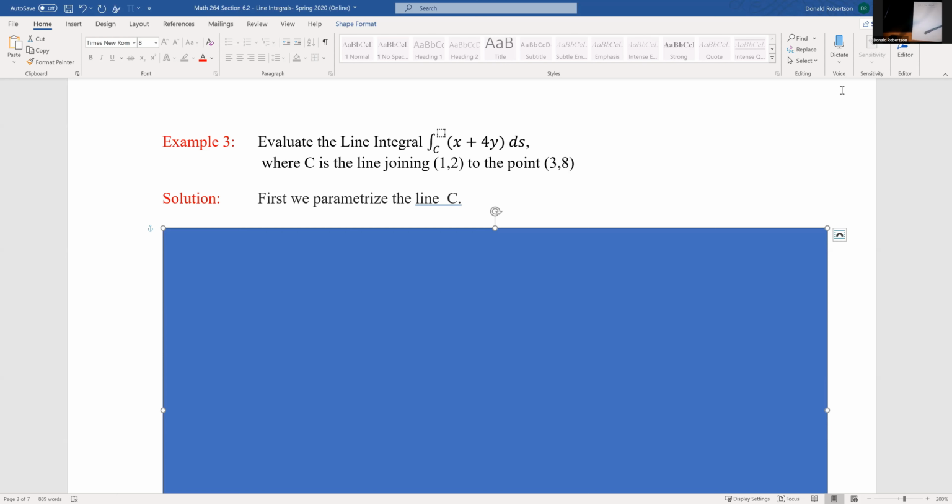So basically, it's a straight line. So your line integral is the integral over a straight line of the function x plus 4y. Now, like every starting point to these questions, you need to find a parametric equation for the line joining this point to that point. It's actually just part of a line. It's called a line segment.